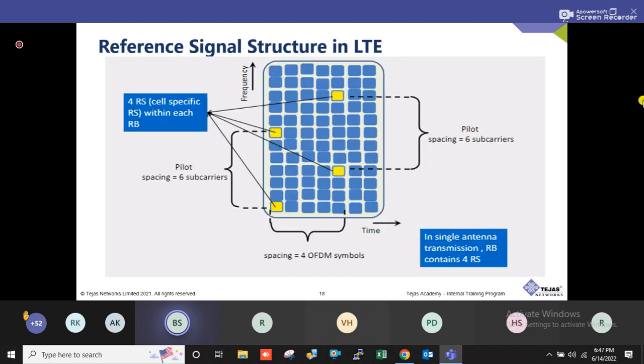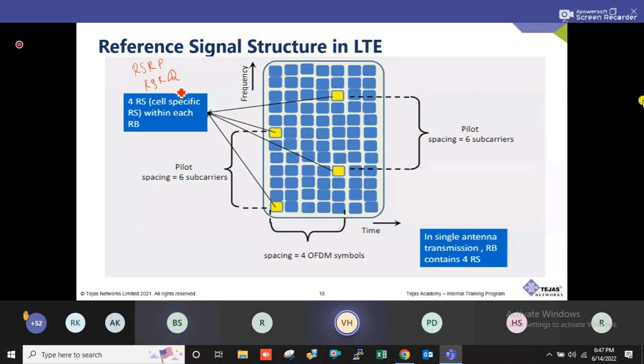Okay, so I'll quickly move to this because this is very important with respect to the calculations we do for drive tests or RF parameters. Typically in our RF parameters we have RSRP, RSRQ, all these parameters which are used to measure our channel estimation.